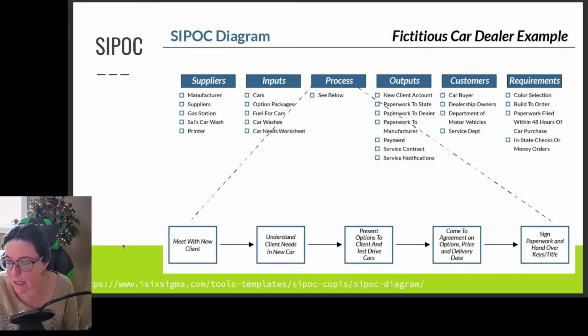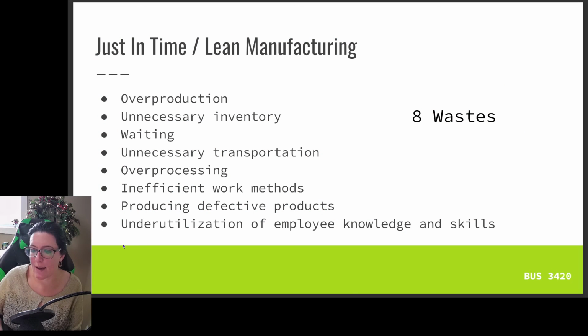So we build a SIPOC diagram. What we want to do is look at where can we improve the process, the different parts of the value chain in terms of making it more lean. So then we're coming back to our 8 wastes. Where can we reduce the waiting, the unnecessary transportation?